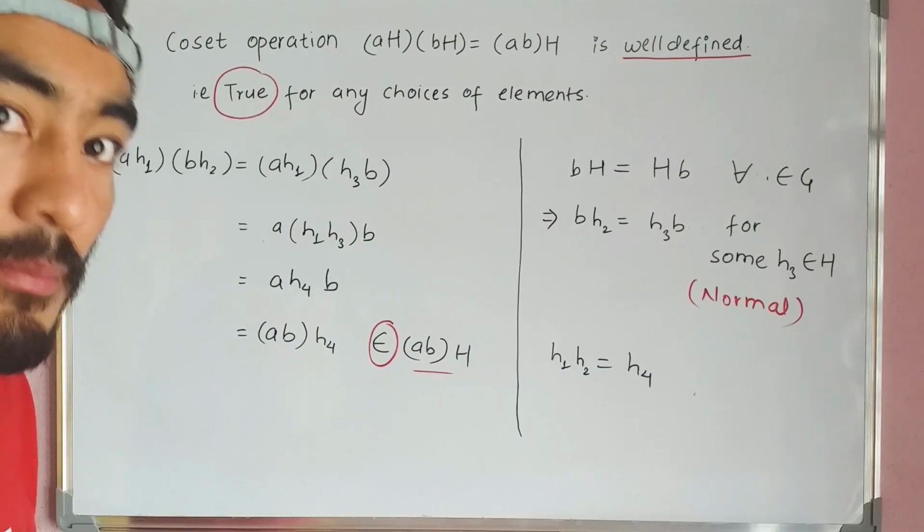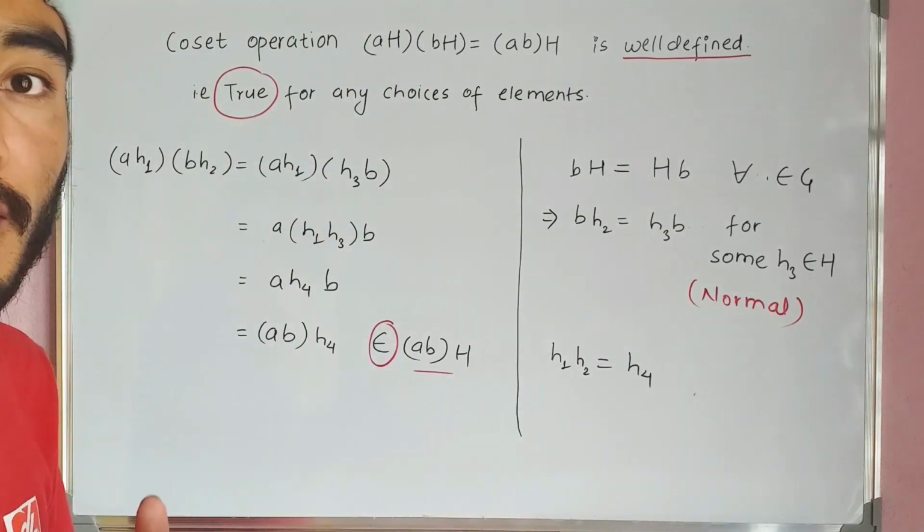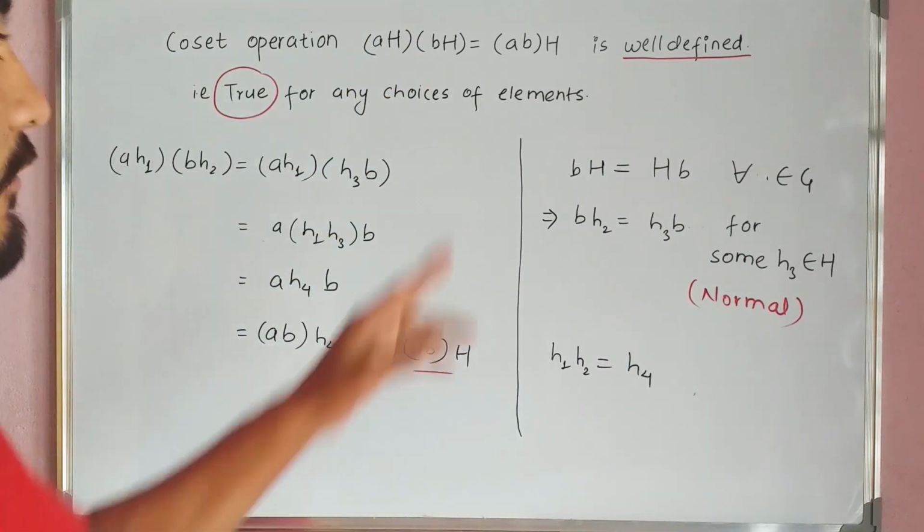Now let ah1 be any element of aH and bh2 be any element of bH.